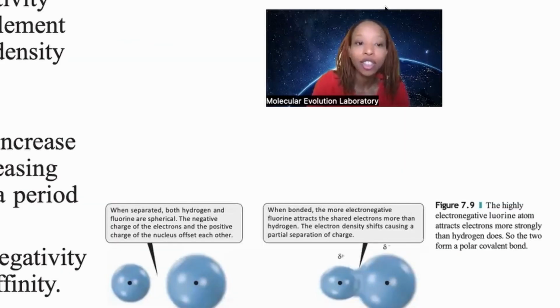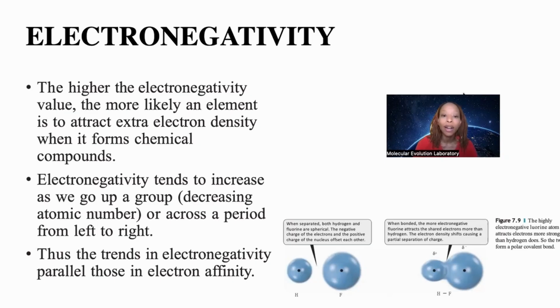The higher the electronegativity value, the more likely an element is to attract extra electron density when it forms chemical compounds. Electronegativity tends to increase as we go up a group, decreasing atomic number, or across a period from left to right. Thus, the trends in electronegativity are parallel to those in electron affinity.